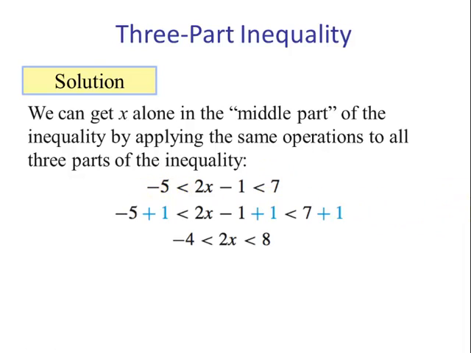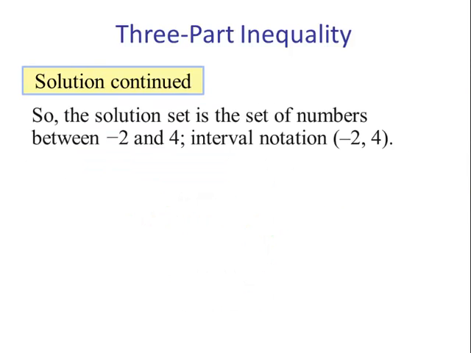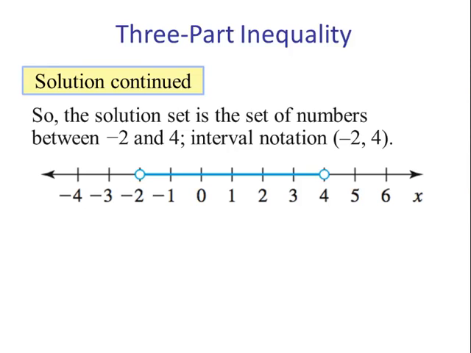We're left with -4 < 2x < 8. Now we divide by 2, and we see that the answer is -2 < x < 4. So all numbers between -2 and 4. In interval notation, it would be parenthesis -2, comma 4, parenthesis. And this is what the graph would look like.